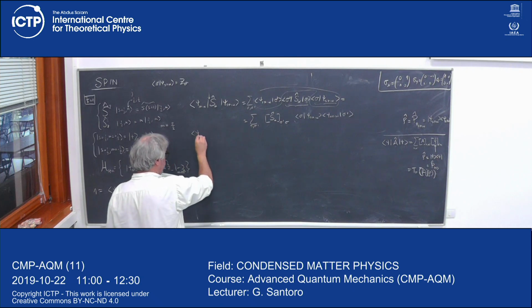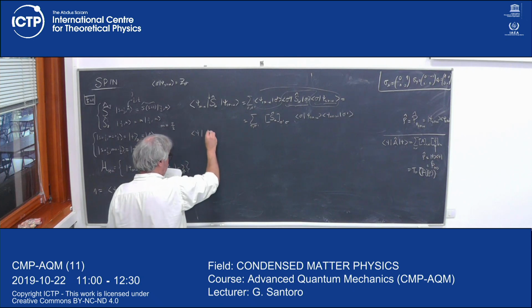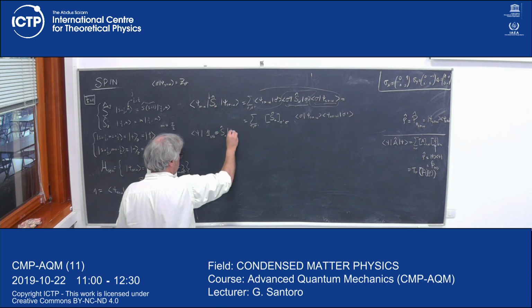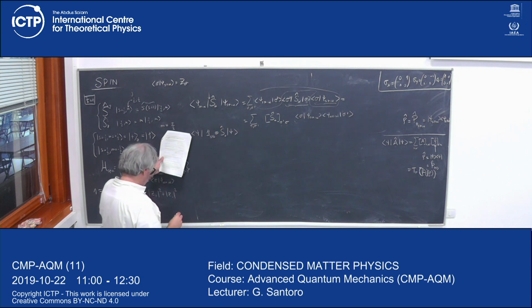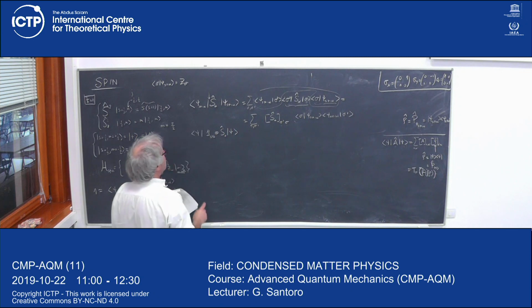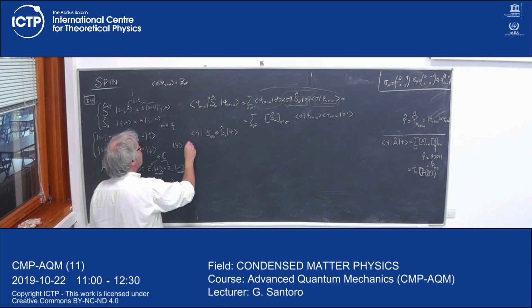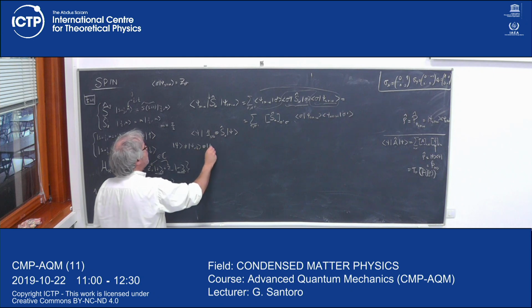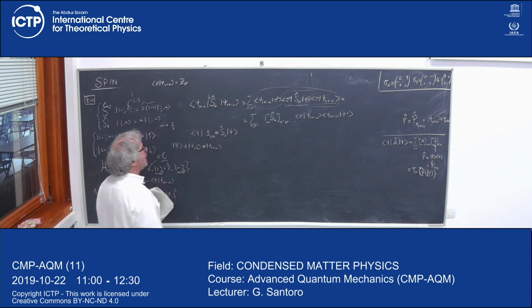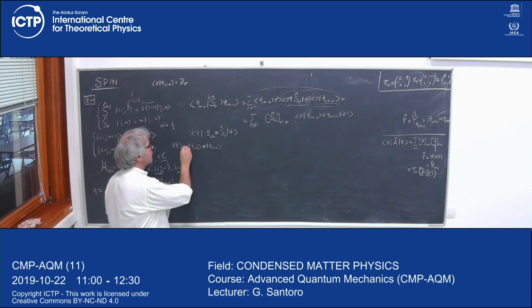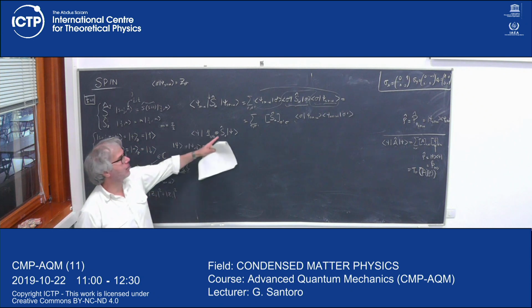I have some psi, and I want to calculate the identity for the orbital times the spin operator S alpha in the psi. And I remind you that in general psi is different from an orbital part times a spin part. Let's first do the simple case. Suppose that it was equal.